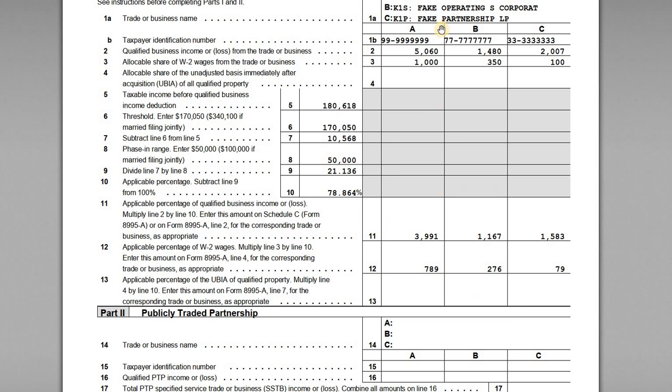So we do the same for all of these columns up here, and we get our new adjusted amounts from Schedule A, right? So these amounts, once we have the adjusted line items from 11, 12, and 13, they are now carried back up to page 1 of the 8995A in Part 2.